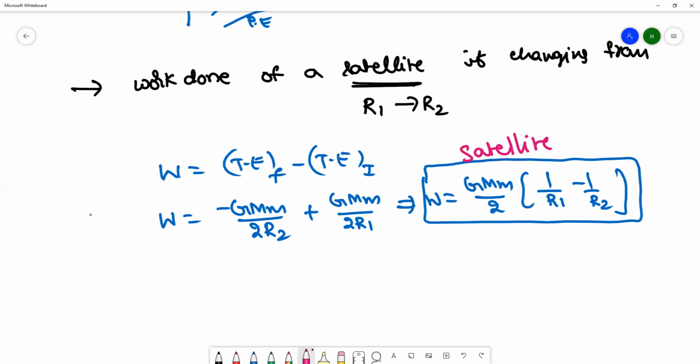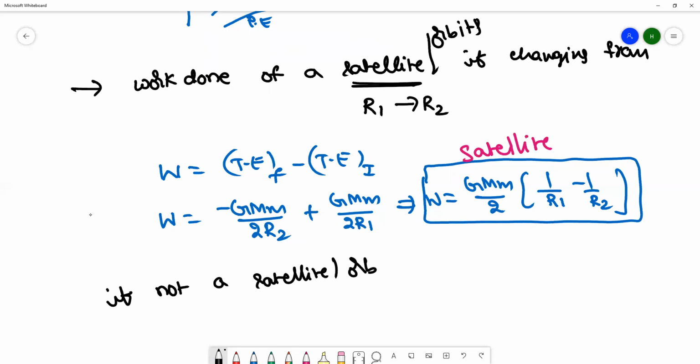If it is not a satellite or orbit, if they mention only that the sides are increasing, then work done is equal to GMm times 1 by R1 minus 1 by R2.